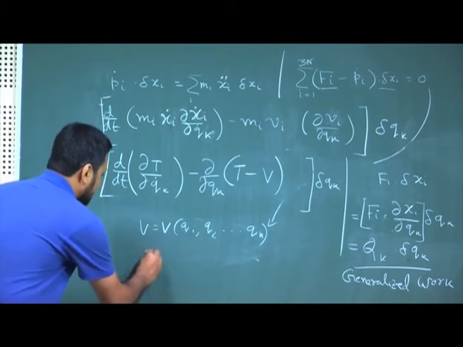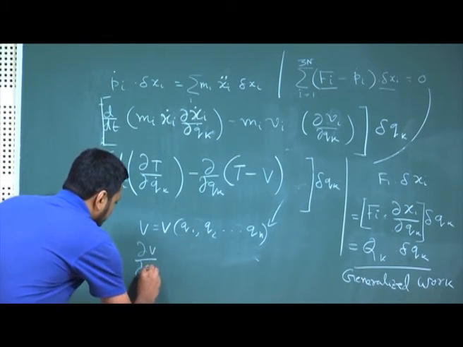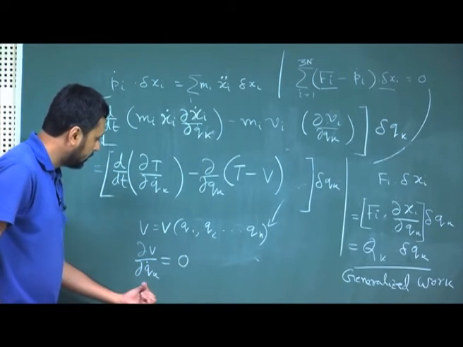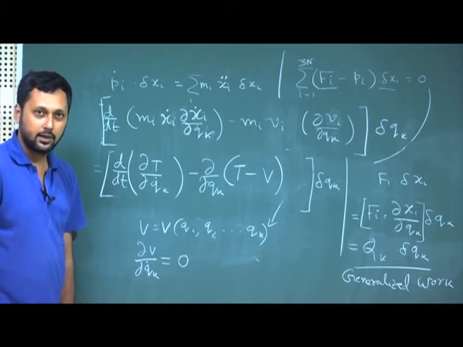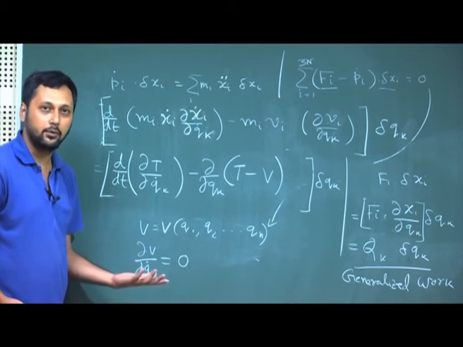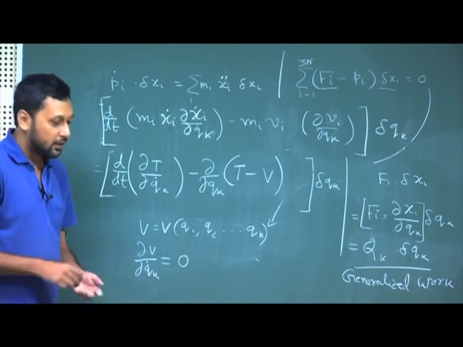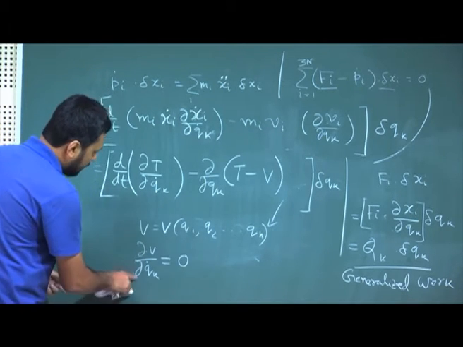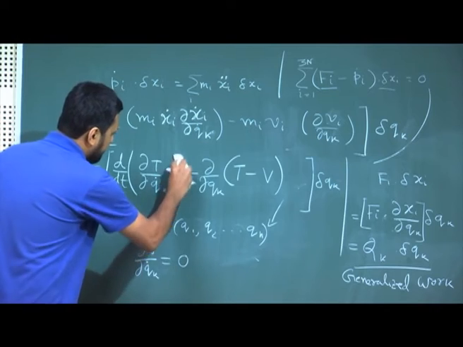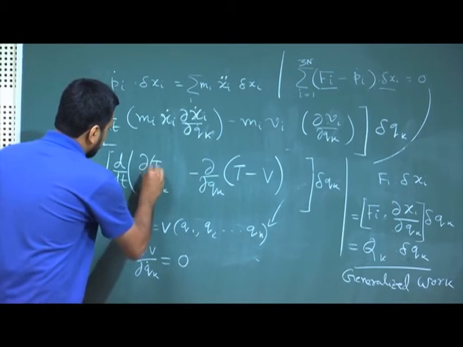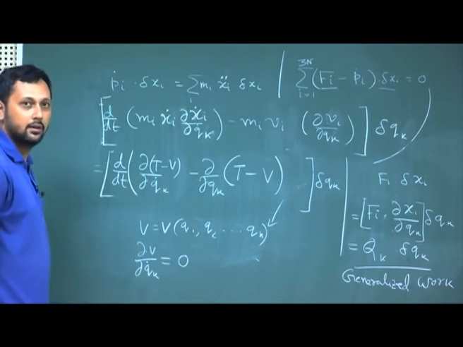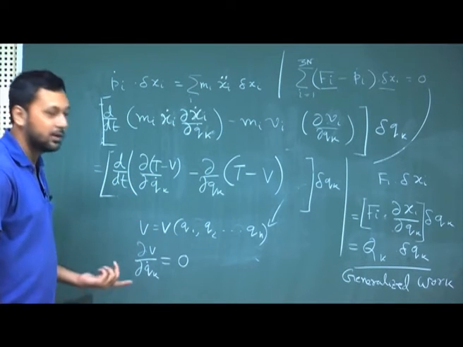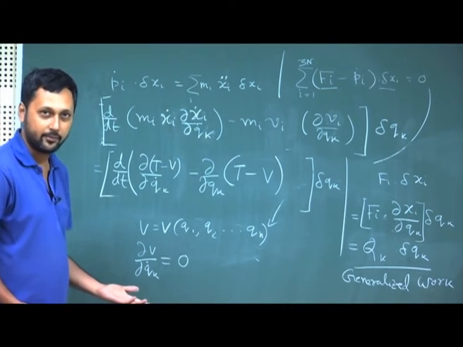If this is the case, then del V del Qk dot will be equal to 0 for all k's, because it is not a function of velocity anyway, so the partial derivative will vanish. So, without losing any generality, we can use this property, and instead of T here we can also write T minus V. It is totally justified because del V del Qk dot will be equal to 0 anyway.